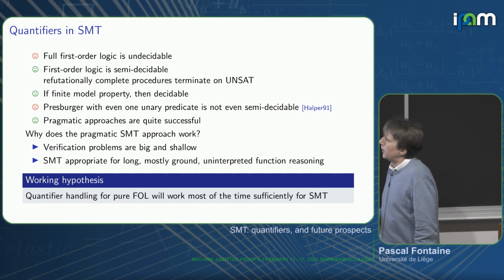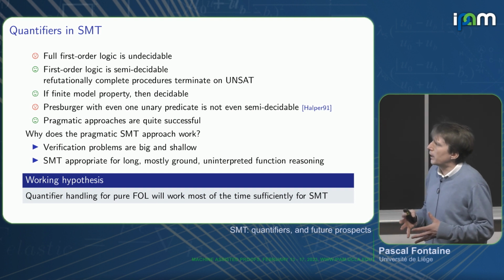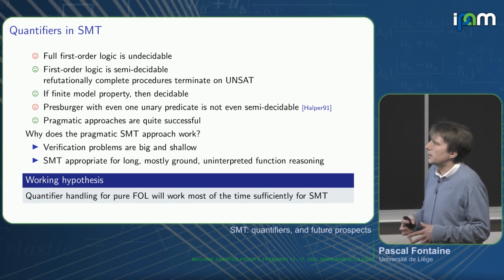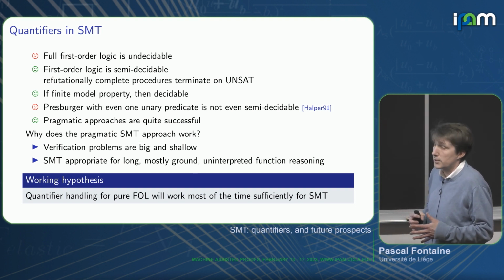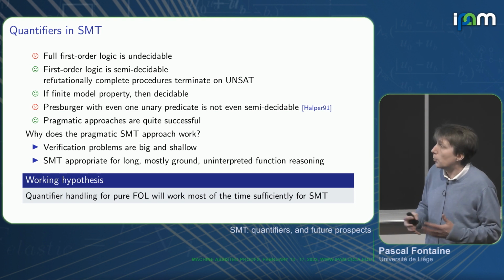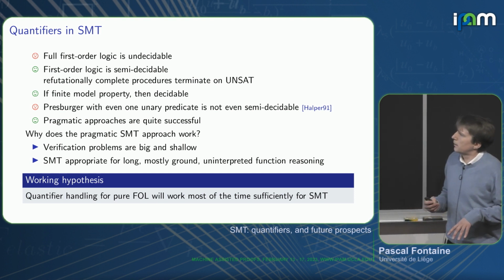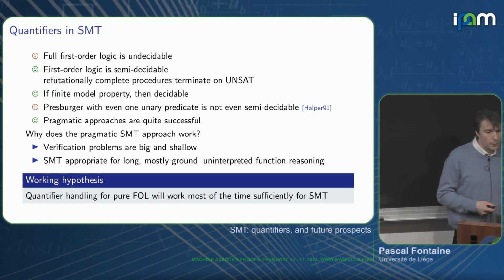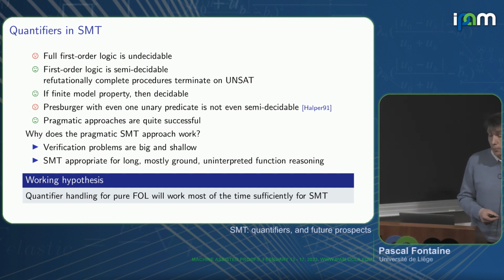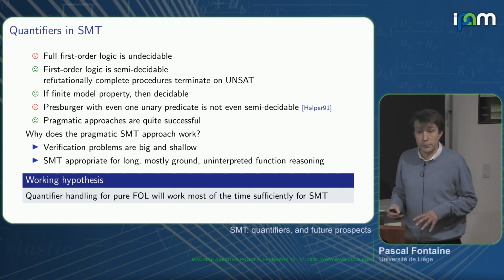There is also a nice thing: if your formula is satisfiable but has the finite model property, there are ways to get decision procedures. But there are also very negative results: Presburger arithmetic with even one unary predicate is not even semi-decidable.